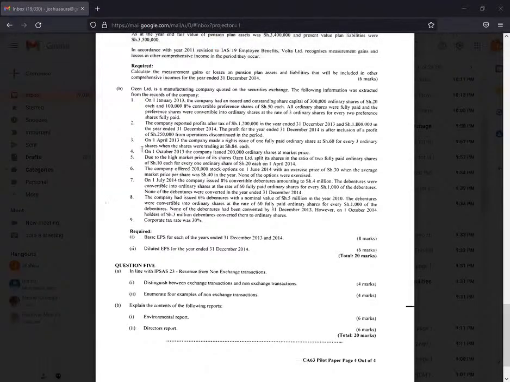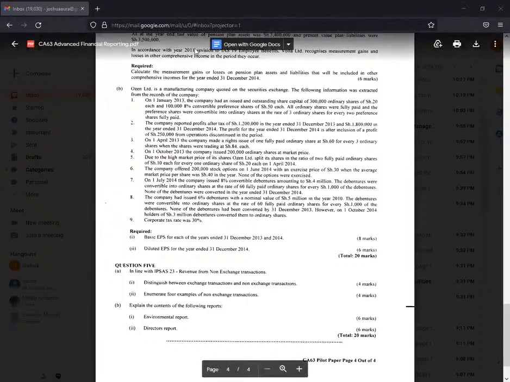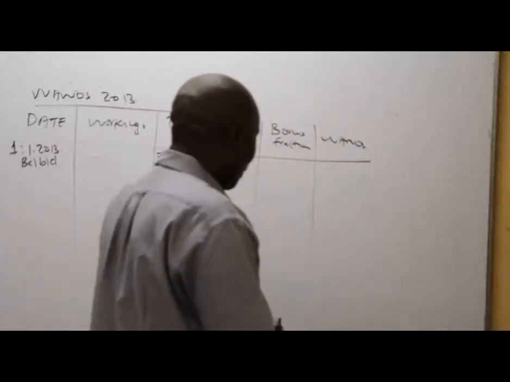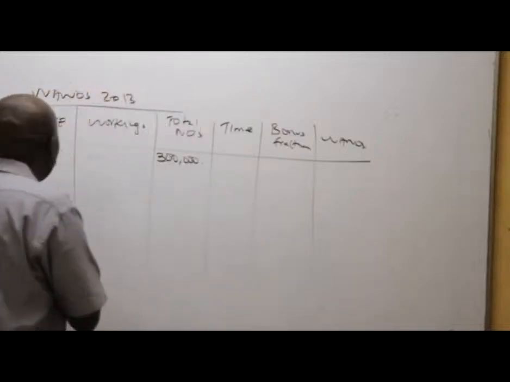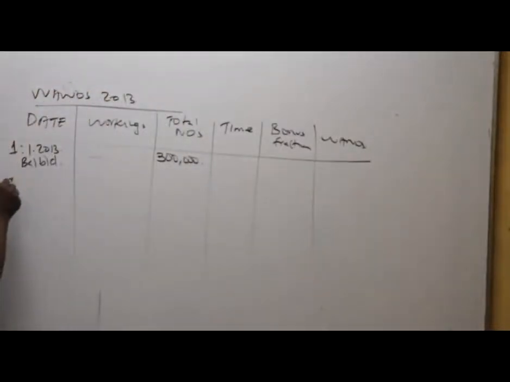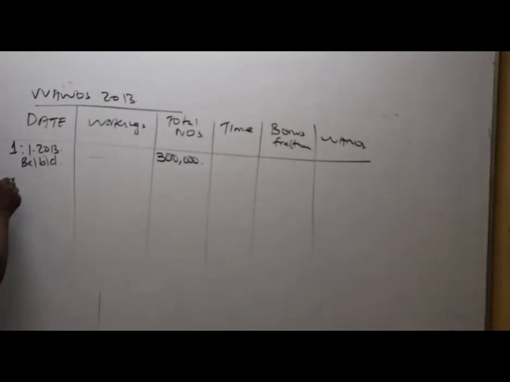Note number 3, on 1st April 2013, the company made a rights issue of 1 fully paid ordinary share at 60 for every 3 ordinary shares. So first, let us do this one. Which date did they say had the rights issue? 1st of April 2013. There was a rights issue.